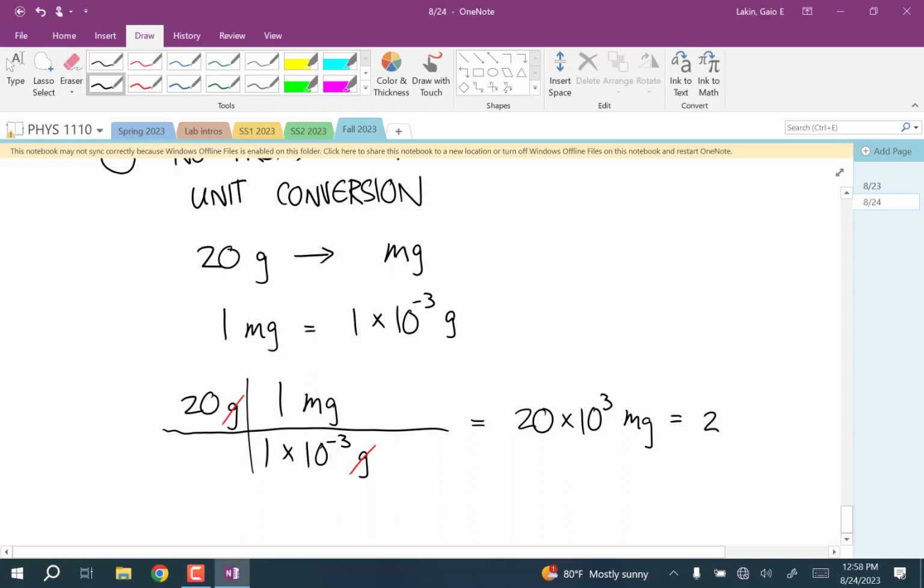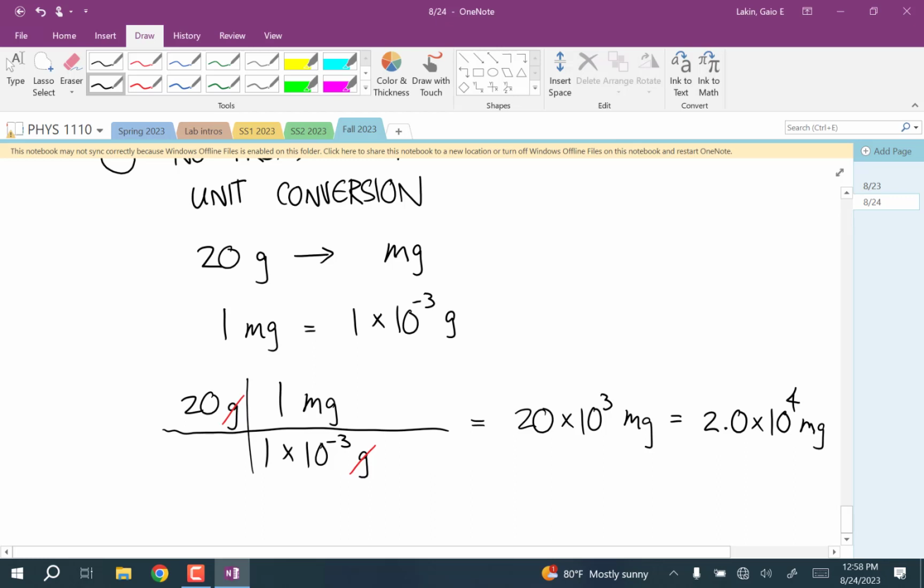So this is 2.0 times 10 to the fourth milligrams. Any questions about that?